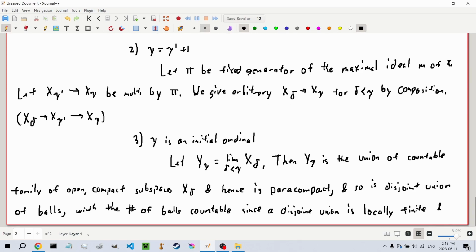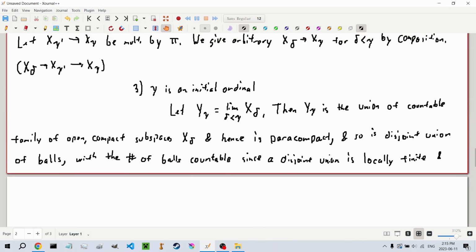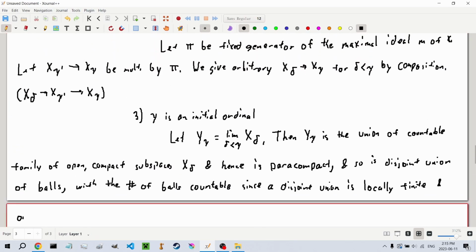and only finitely many elements of a locally finite covering can meet any given x delta.